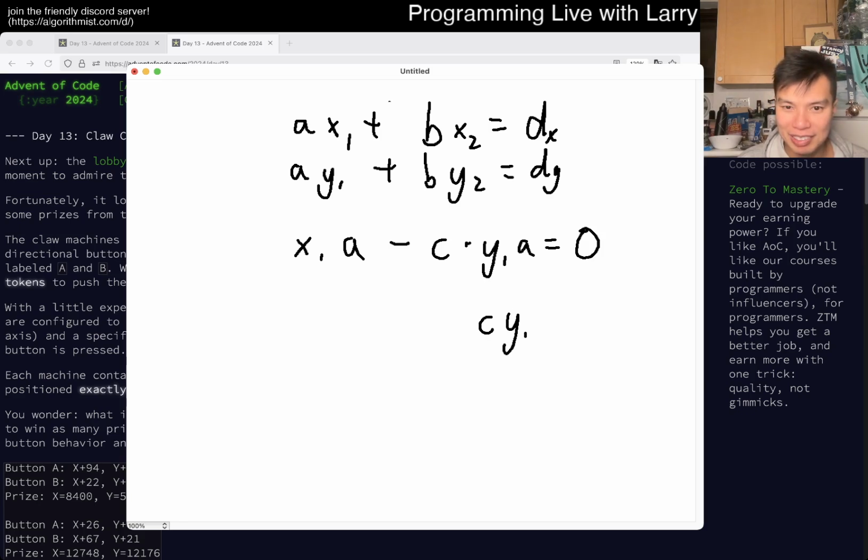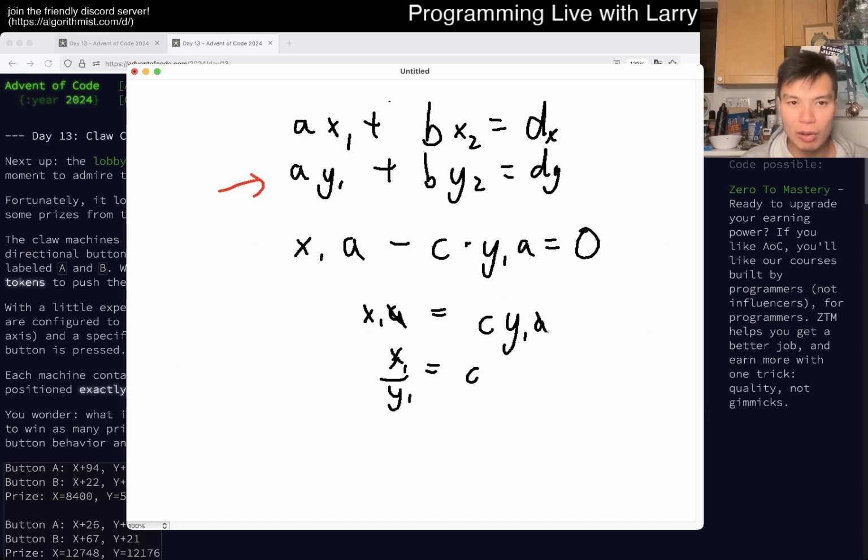So for example, maybe you could have C is equal to, and then the A's cancel out, and C is just equal to x sub 1 over y sub 1. So pretty straightforward. Now that means that if you multiply the bottom formula by C, what do you get?